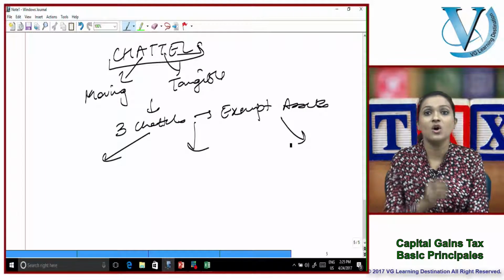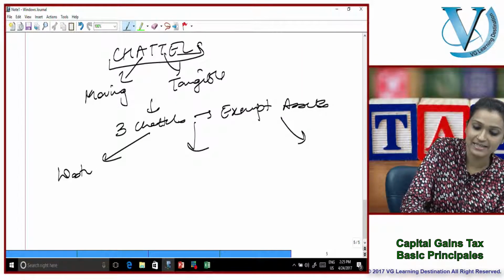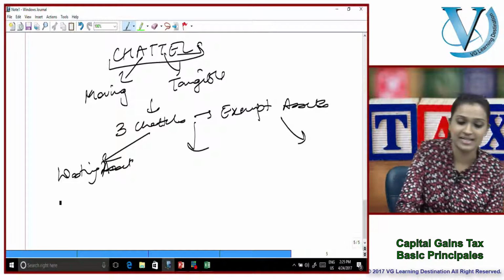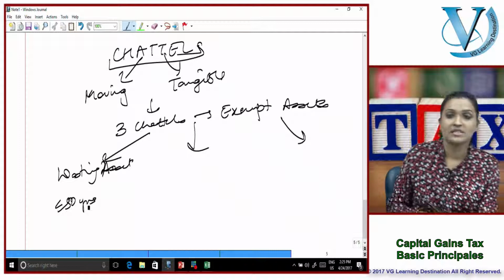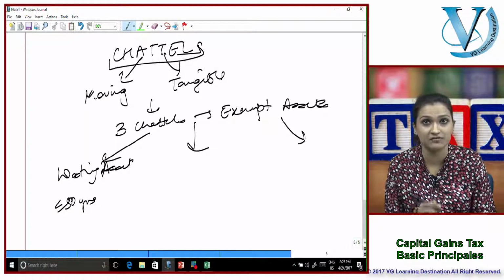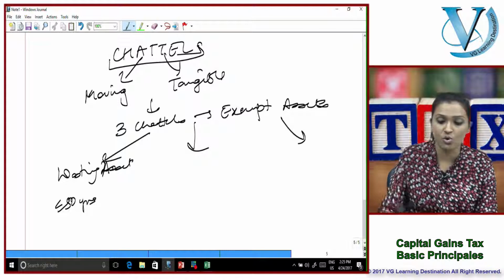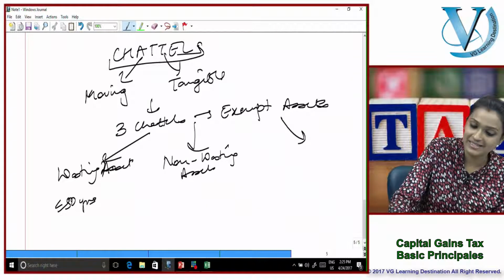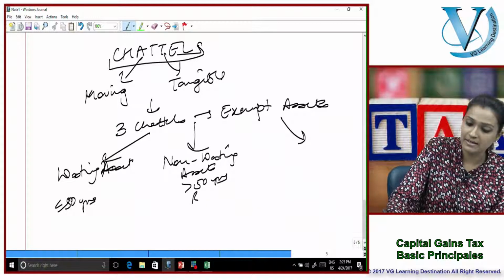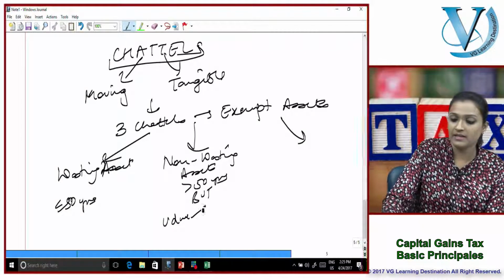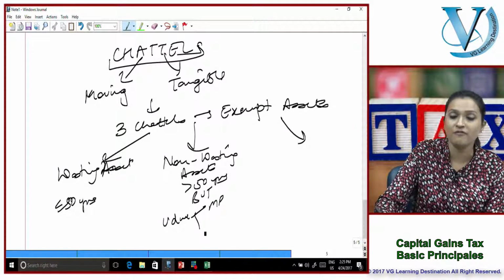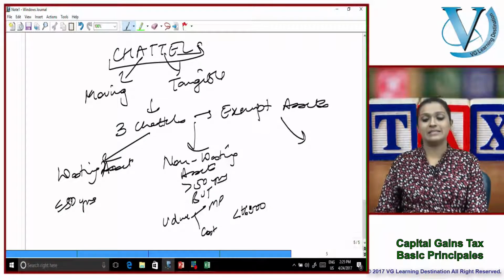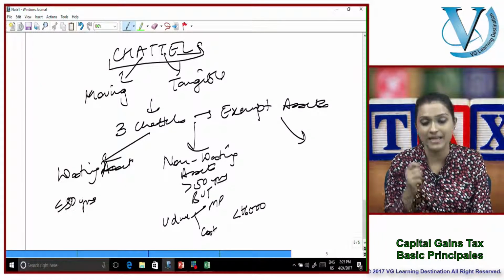First being if it's a wasting asset. Wasting asset basically means that the life of the asset is less than or equal to 50 years. So if it's a wasting asset, it's an exempt asset from CGT liability. Also, if it's a non-wasting asset, that is life is greater than 50 years, but the value in terms of market price and in terms of cost is less than 6,000 pounds, again it would be exempt.